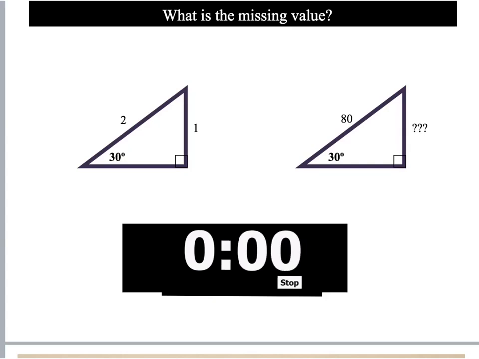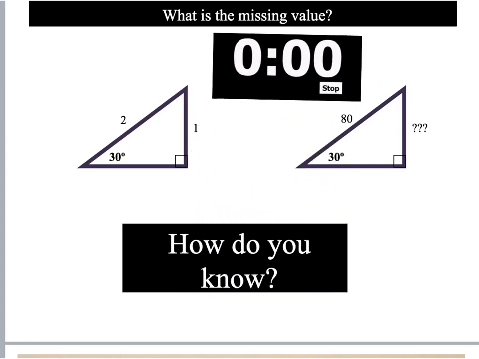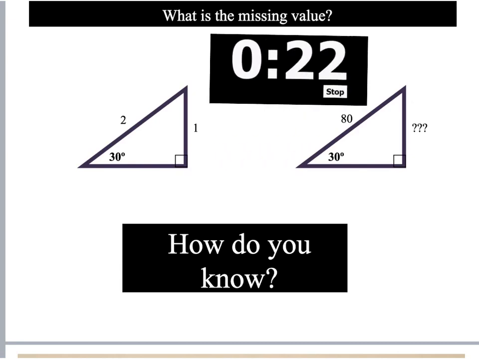And now when I say go, I'd like you to discuss with your partner how you knew that was the missing value. Again, I'm going to give you 22 seconds.